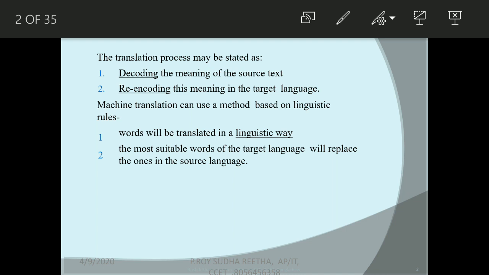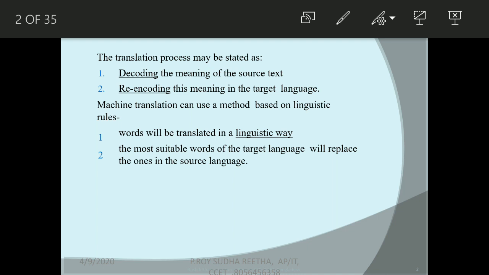First, the source text will be given and we decode the meaning of the source text. That is the first process in translation. Secondly, we re-encode the meaning in the target language. These are the two steps in the translation process.